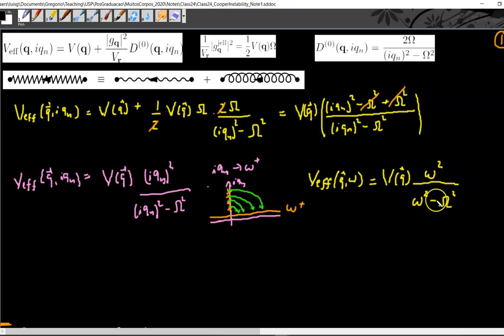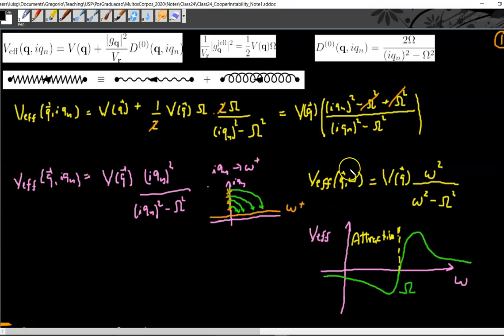Now, notice that if omega is less than the plasma frequency, then this thing becomes negative, sorry, and this effective potential becomes attractive. So if we would plot this effective potential as a function of frequency here, for a given momentum q, you would get something like that, right?